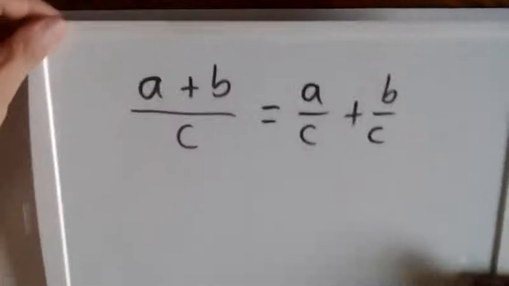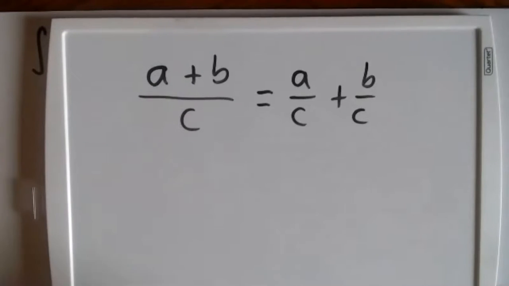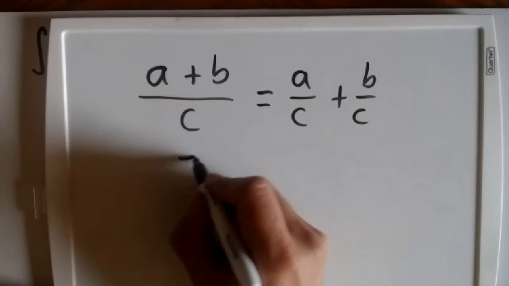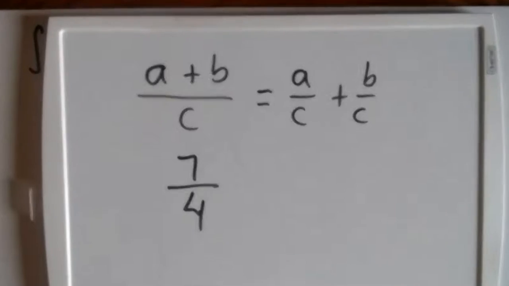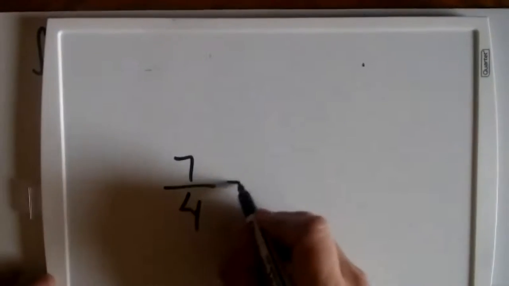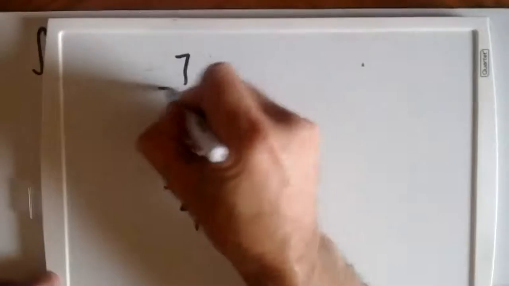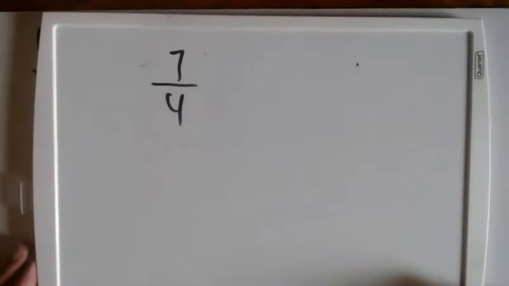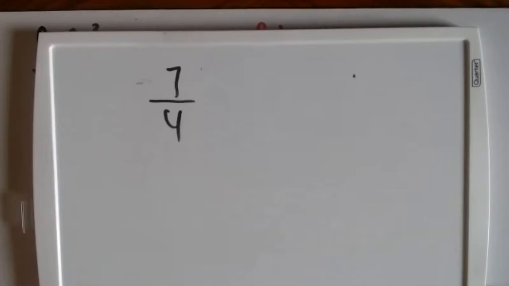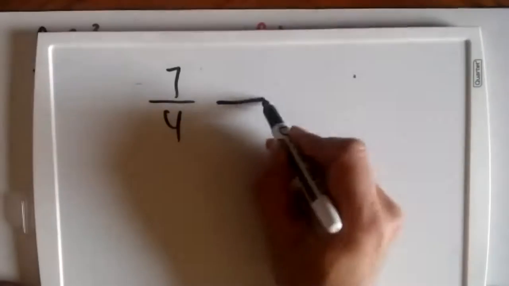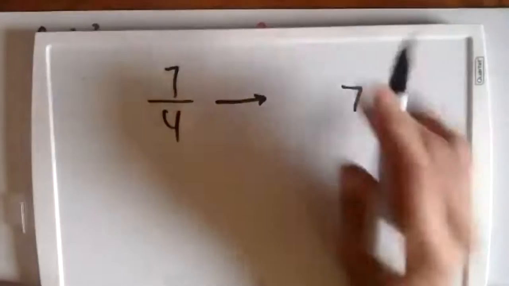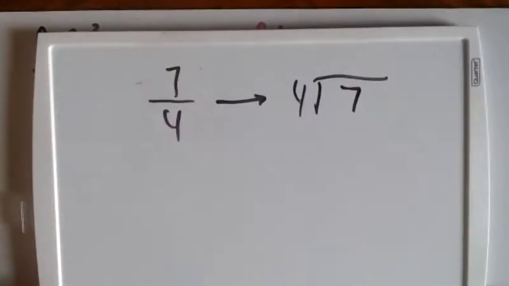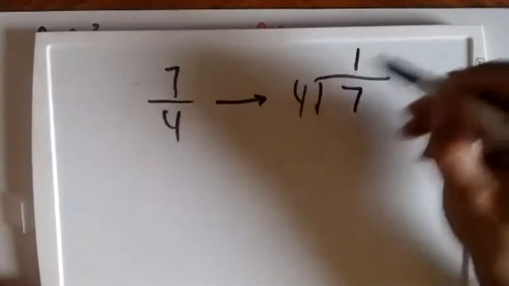This is like when you were kiddos and you received, for instance, 7 divided by 4. What did you usually do with this improper fraction? I took the 7, I divided by 4. 4 times 1, 4.